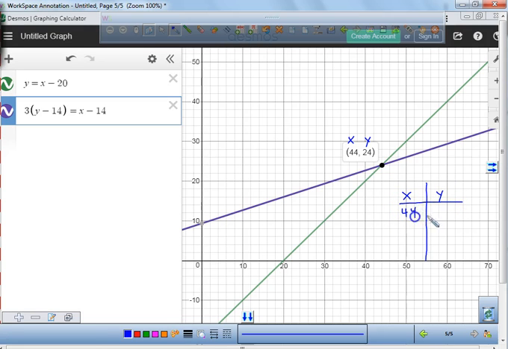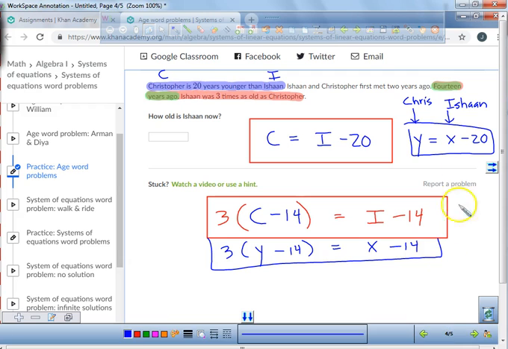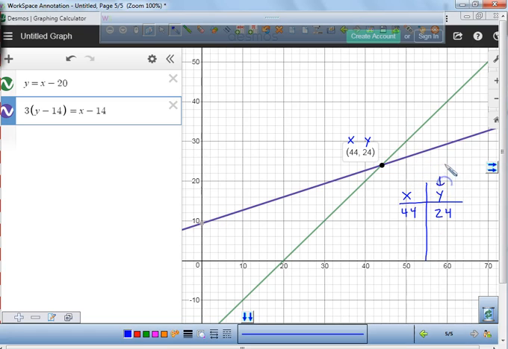I got a 44, and I got a 24. Who represented x? Oh. Sean was x, Chris was y. So here we go. Ready? I'm going to put Chris was y, Sean was x.